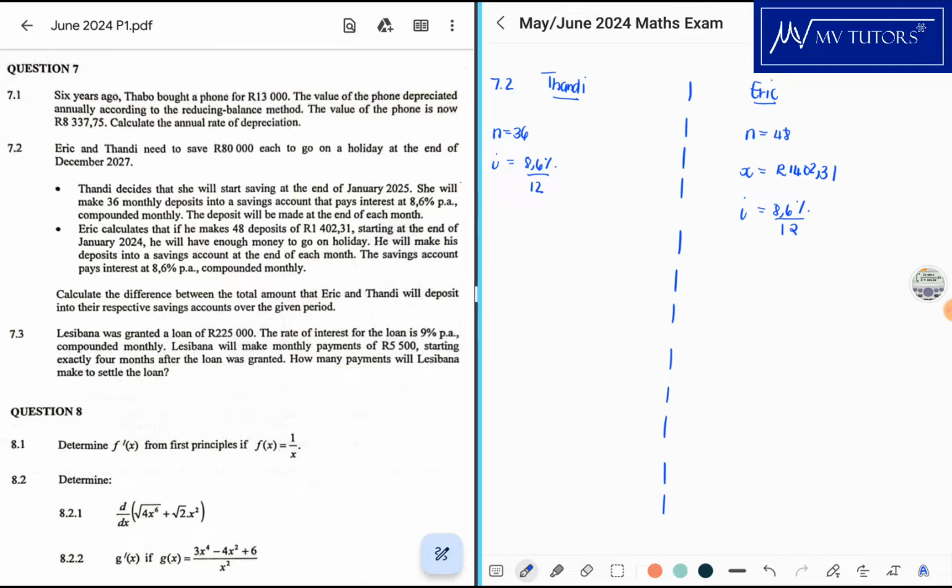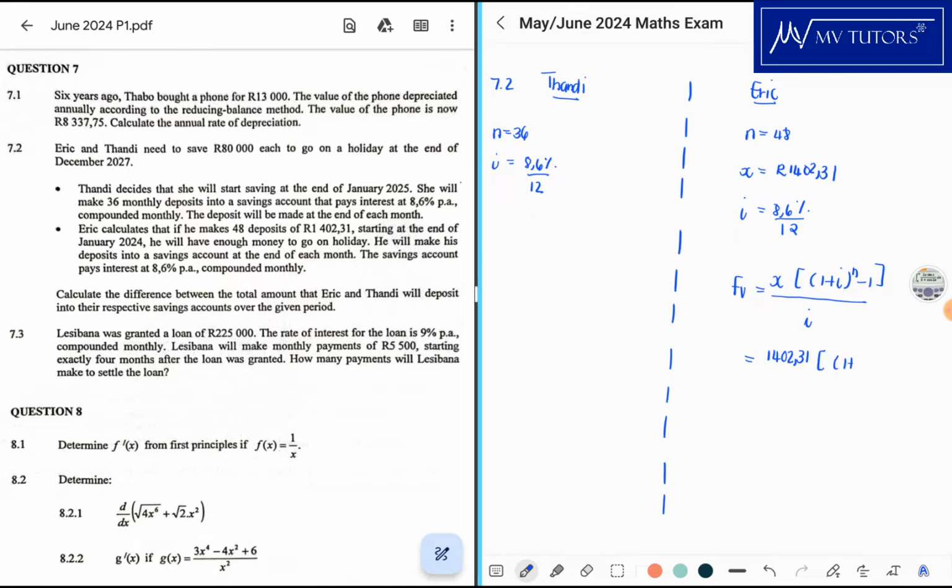And then we'll calculate how much money Eric actually paid over 48 months and how much did Thandi pay over 36 months. Okay, so the future value: monthly amount, times 1 plus interest to the power n minus 1, and that is all divided by i. So the monthly payments, 1,402 and 31 cents.